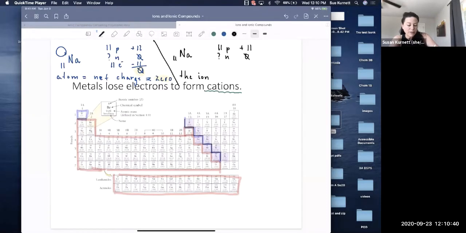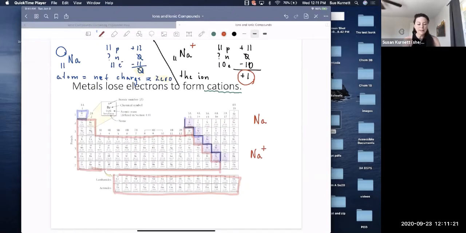But if it loses 1 electron and only has 10, it would only have a negative 10 charge outside the nucleus and a plus 11 charge inside the nucleus. So the overall charge is plus 1. And so we're going to put this overall charge here, and now we have sodium ion. A lot of times we don't say the 11. We just say there's sodium atom, an atom that is a metal, and there's sodium ion with a +1 charge.